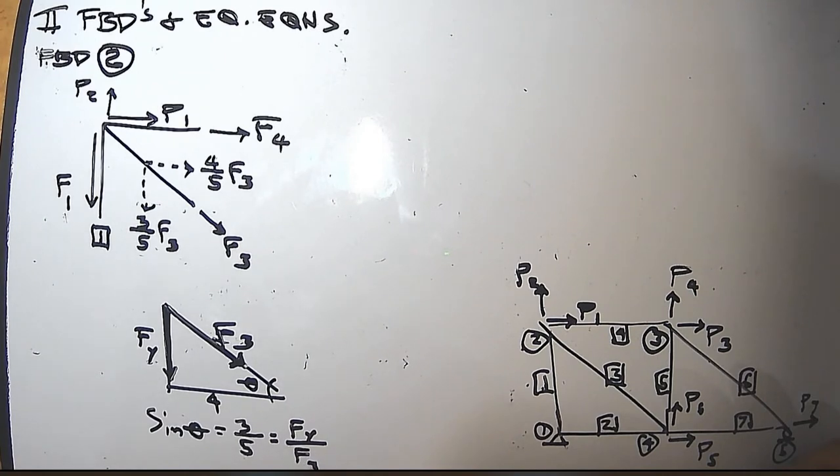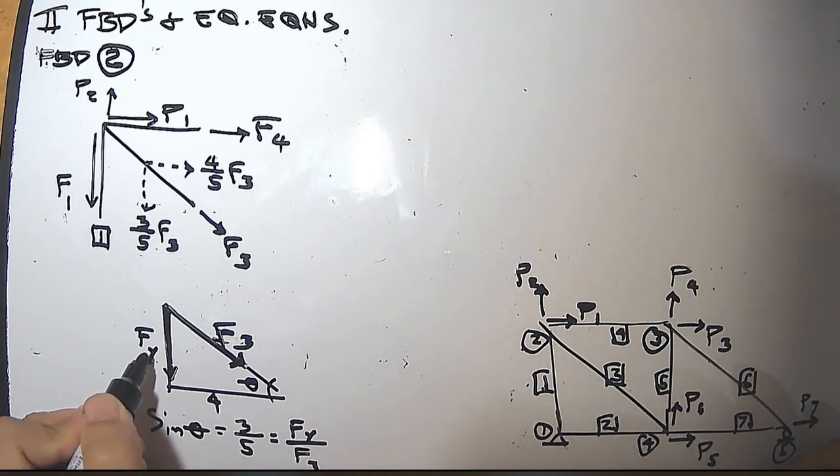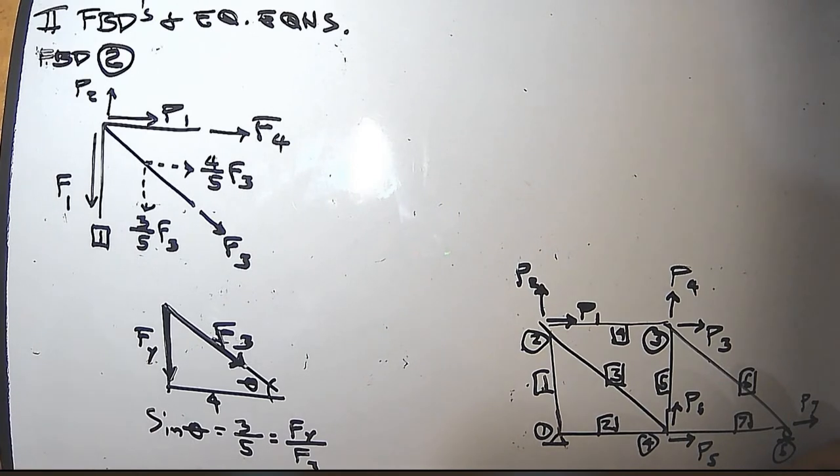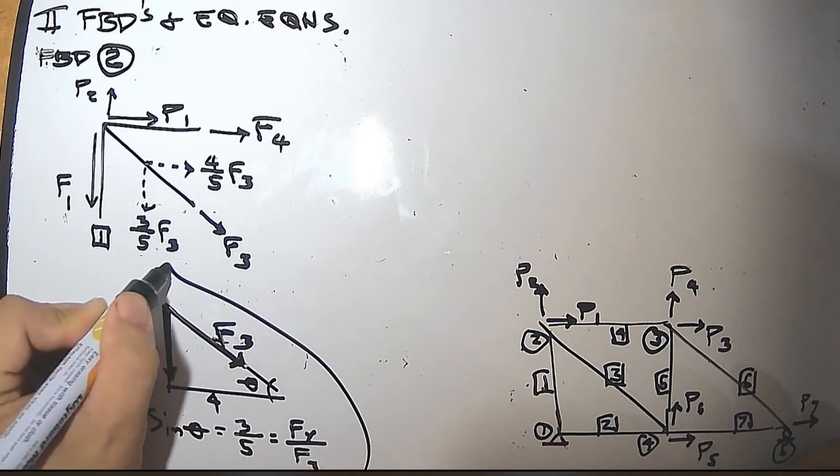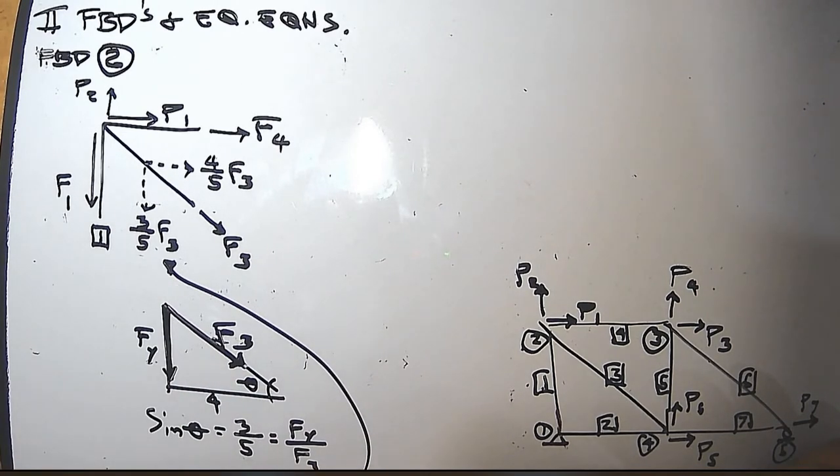Ngayon, ang kailangan natin is yung Fy. So, from this, by cross multiplication, Fy becomes 3/5 of F3. Okay? Kaya, yan yung pagkuha niyang 3/5 of F3.